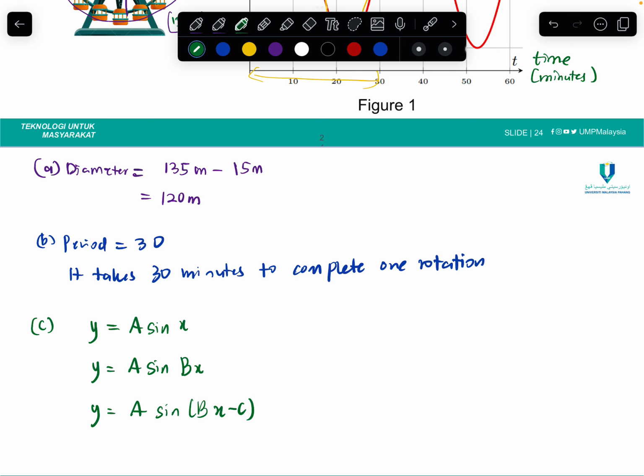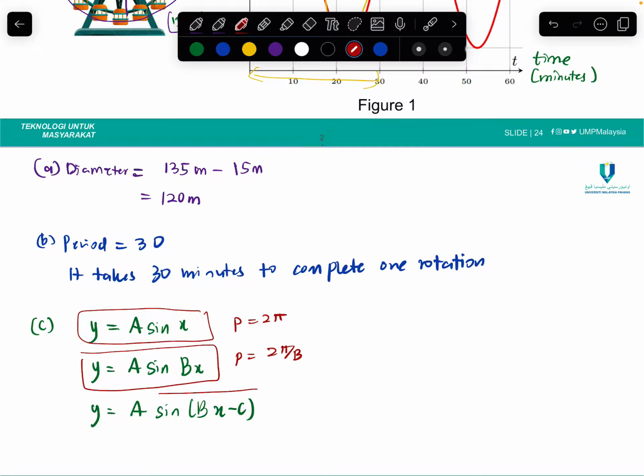You have to identify the first one. If you are using y equals a sine x, the implication is that the period equals 2 pi. For the second, the period is 2 pi over b. For the third, the period is 2 pi over b, but you also have a phase shift.